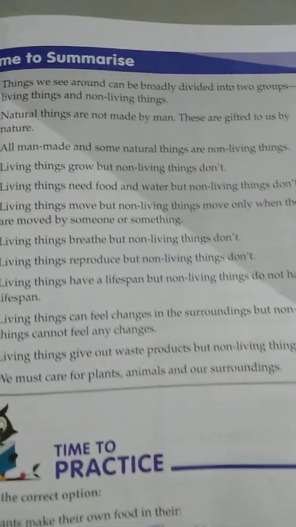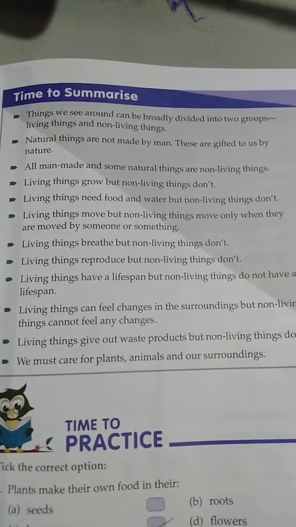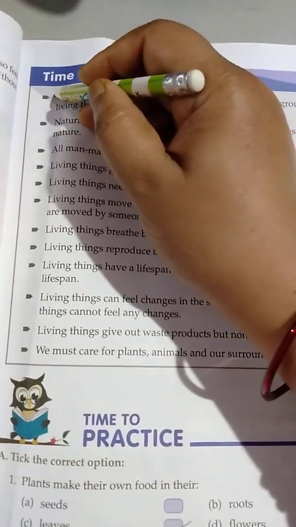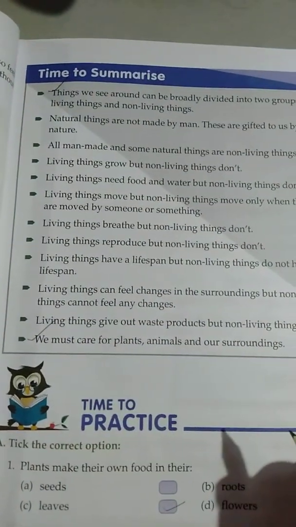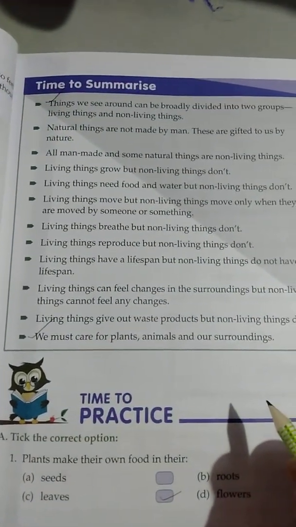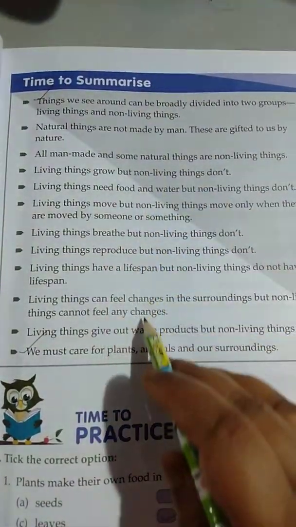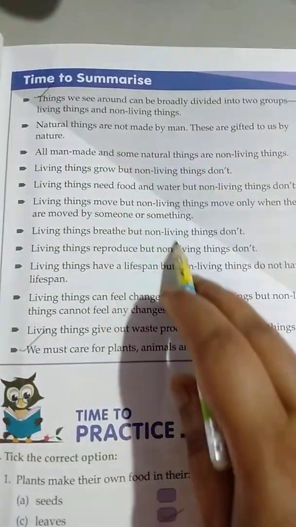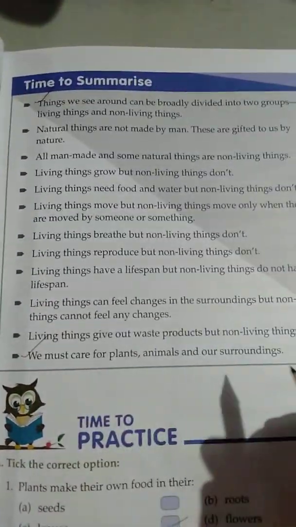Now the next important thing is time to summarize. You will write time to summarize from here to here in your copy. Okay, in your copy you will just note down all the important topics which we have studied in the chapter. This is a summarized part.